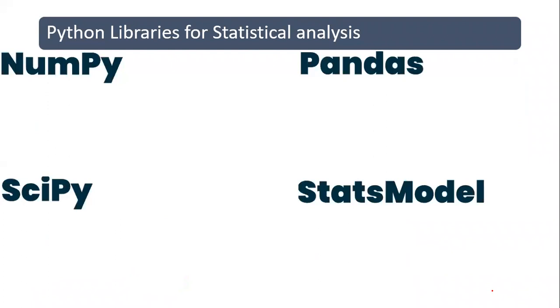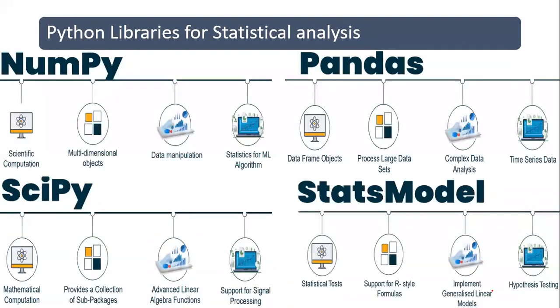Even though I have listed out four libraries right here, NumPy, pandas, SciPy, and statsmodels, all those libraries have their own advances. I don't say disadvantages, I am saying advances.